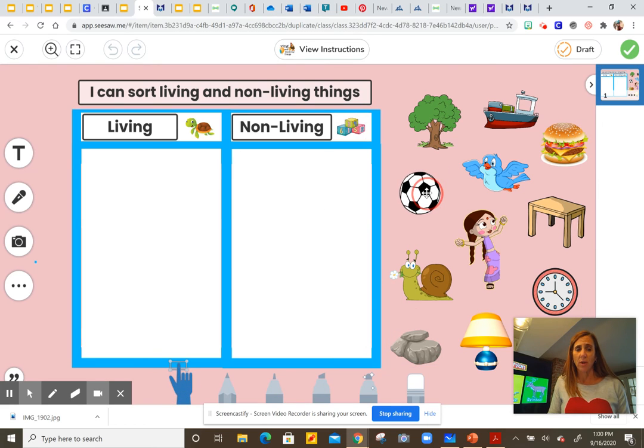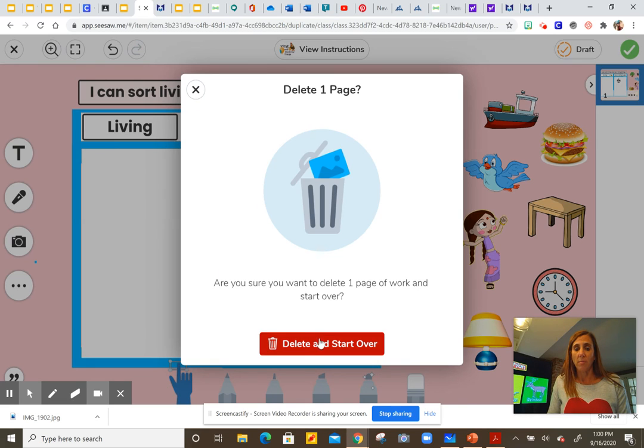So you can drag over, is it a living item or a non-living item? Well, a soccer ball, is it living or non-living? All right, it's non-living, so it's going to go in the non-living box. Okay, so if it breathes, grows, or changes, it goes over here in the living, and otherwise it goes in the non-living. Okay, great job.